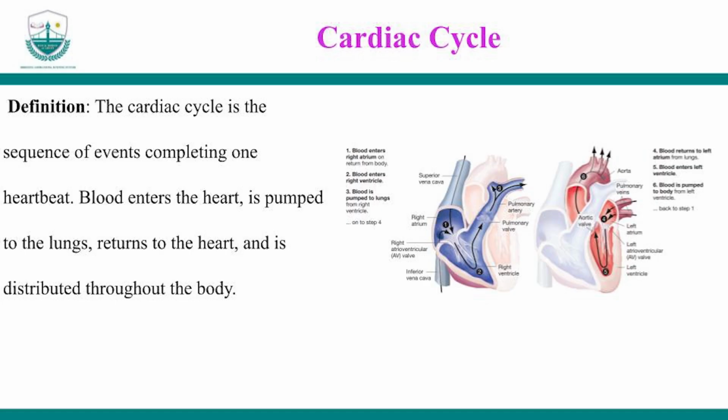And then when the blood has accumulated in the right atria, it will flow into the right ventricle. And then you will have the ventricle also contracting to push the blood through the pulmonary artery for oxygenation. So the blood goes, and then it will return back after oxygenation from the lungs.